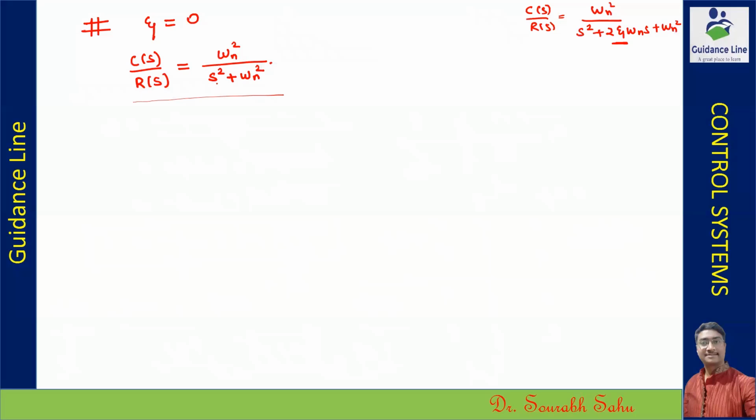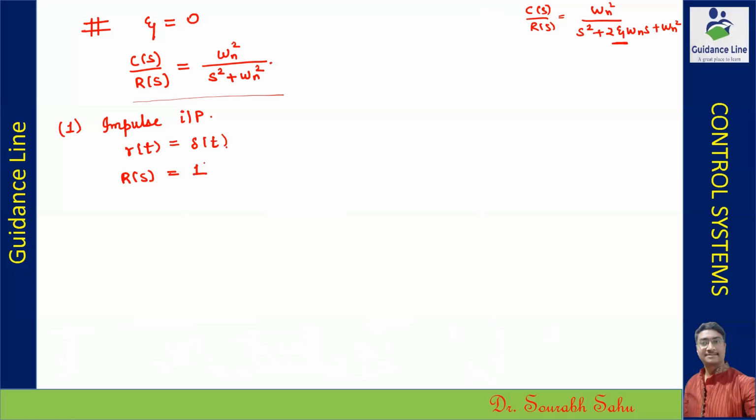Okay, so now again we are going to consider three fundamental predefined signals. In the first case I am considering an impulse input. So when the value of r(t) is delta of t, and if I take a Laplace transform of this particular input, I represent it with R(s) and its value is 1.